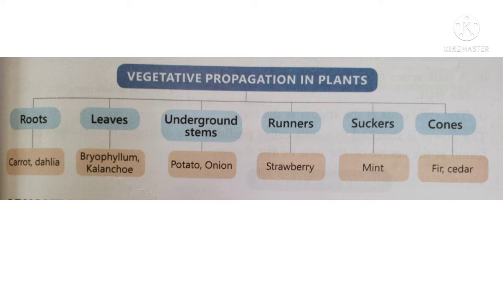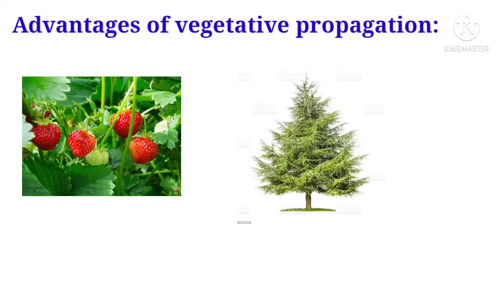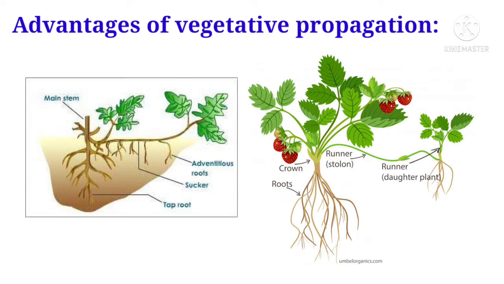Now, we are going to study about what are the advantages of vegetative propagation. The first point is vegetative propagation is a faster method to produce a new plant. We can grow a new plant within a short time. It is very useful. Second point is it is a very useful method for production of seedless plants.